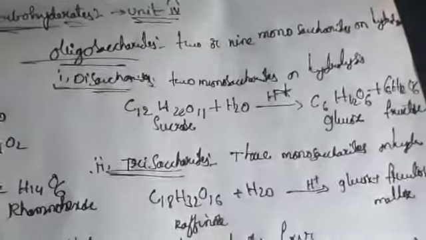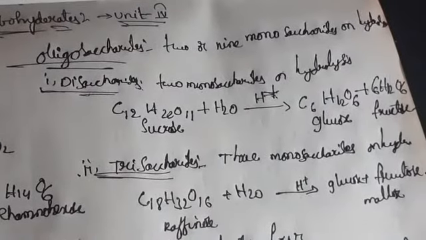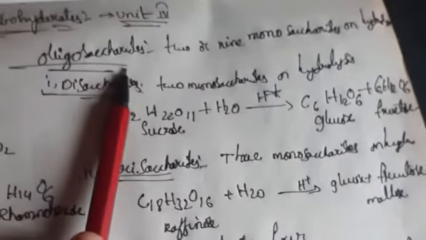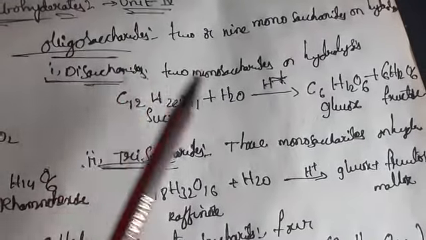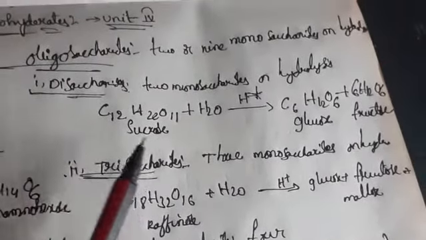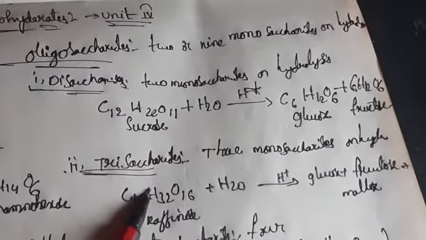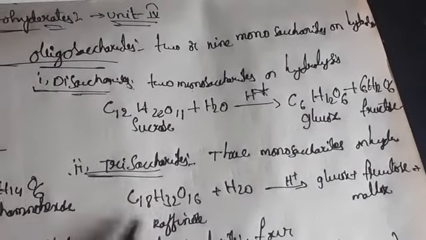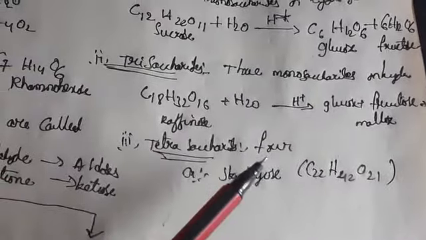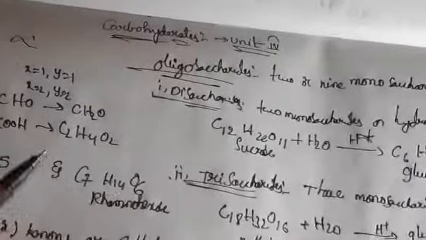So this is oligosaccharides, 2 to 9 monosaccharides on hydrolysis. It consists of 3 types: disaccharides, trisaccharides and tetrasaccharides. Disaccharide gives only 2 monosaccharides, trisaccharide gives 3 monosaccharides, and tetra gives 4 monosaccharides. Now coming to polysaccharides.